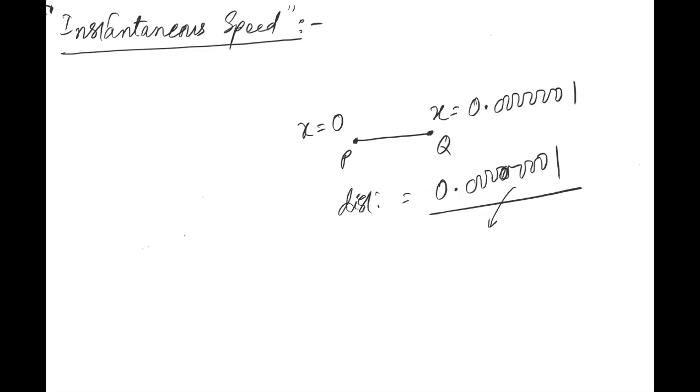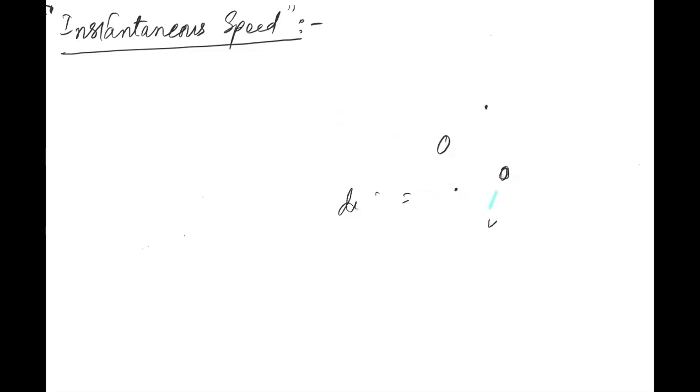Did you understand, everybody? So how do we calculate the instantaneous speed? Just try to understand that. Because distance is very small, time is also very small. We have heard that speed is written as distance upon time. But if distance is very small, tending to zero, and time is also very small, tending to zero, then in that case, we can use this thing, which is called differentiation.